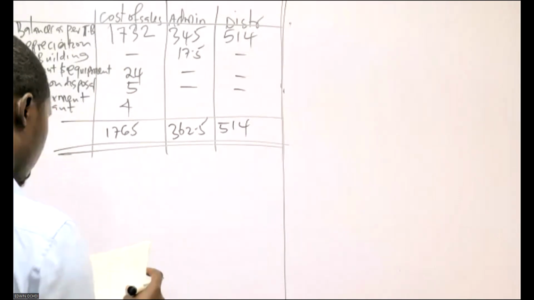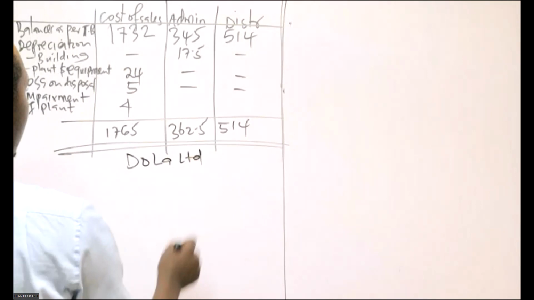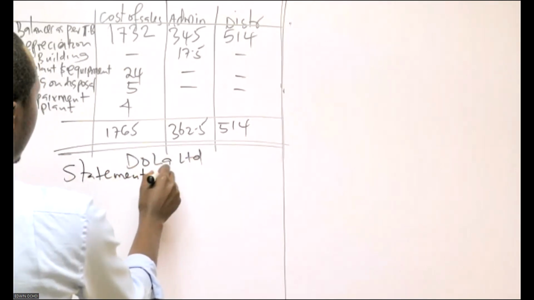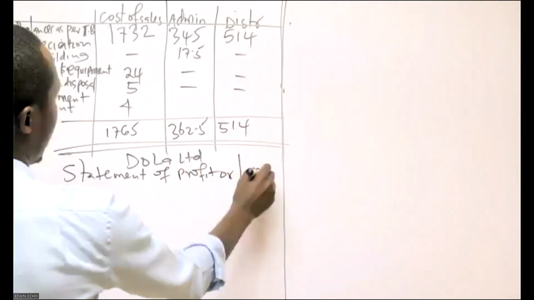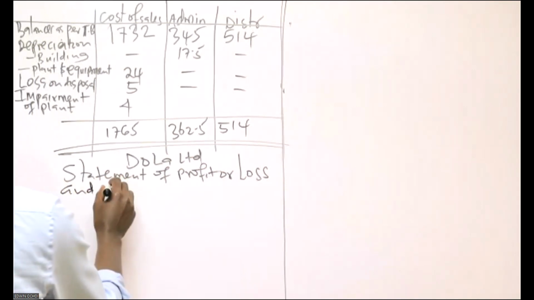So in this case, we have the limited company. Nowadays they call it statement of profit or loss and other comprehensive income.